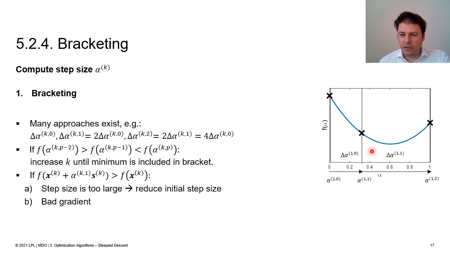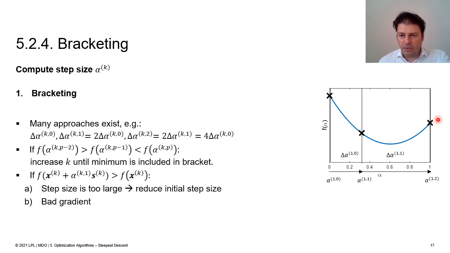Since we're assuming that we're looking at a convex problem, we can even assume that the global optimum of our sub-optimization problem along our search direction is included. But even if we're wrong, so let's assume it's not convex, then we at least have an optimum included.